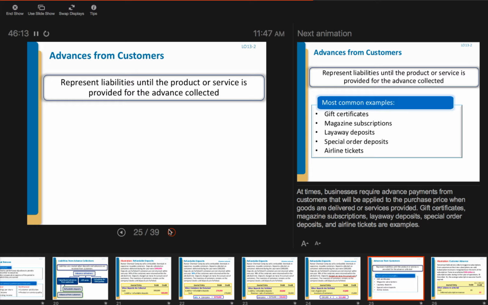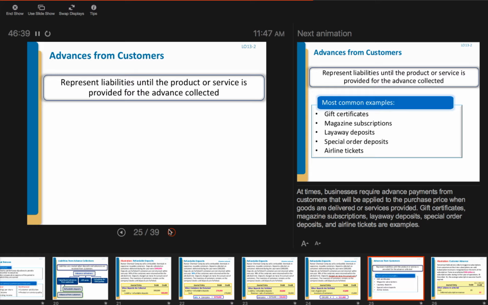Okay, we already talked about that. Unearned revenue is a liability until whatever it is that we're supposed to give them is provided, whether that is in the form of a gift card where they can use it to buy anything in the store. Until they do that, it's a liability because you have to give them something for that gift card. Okay, anything like that.